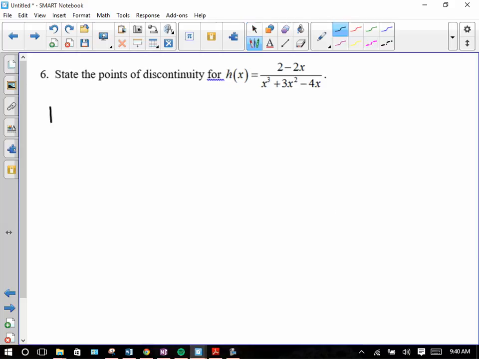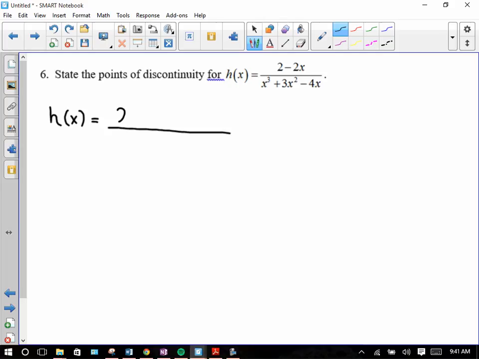So the first thing I would do here is obviously there's going to be something that I can factor. Let's start by looking at the numerator. Can I factor anything out of the numerator? 2.